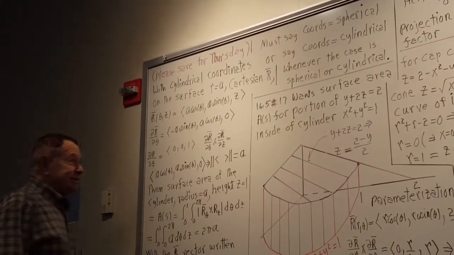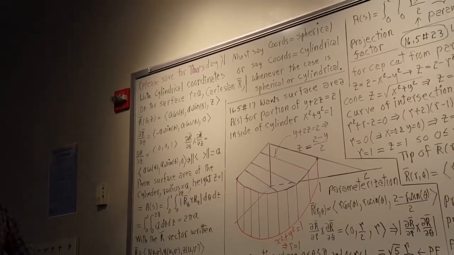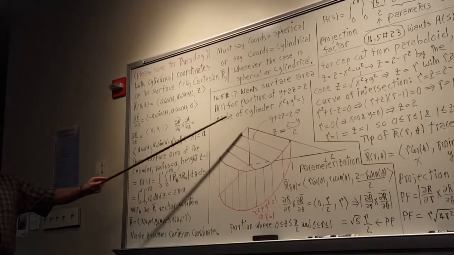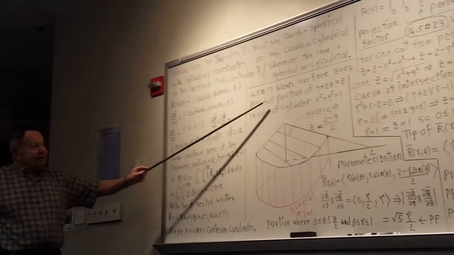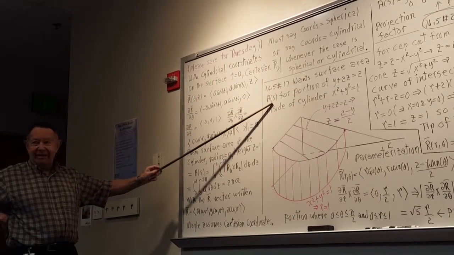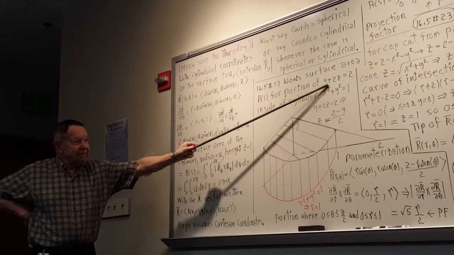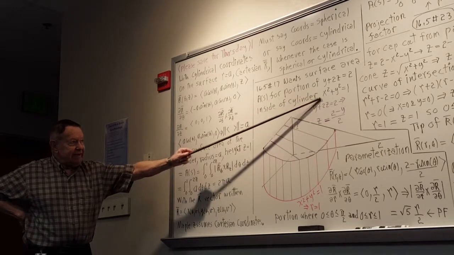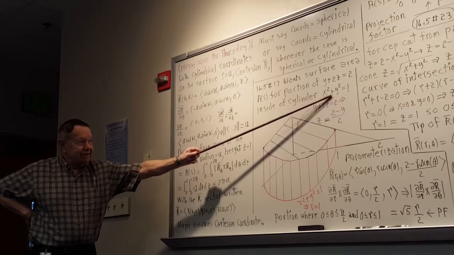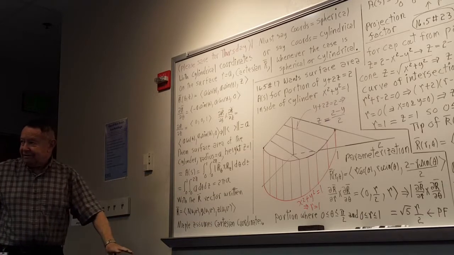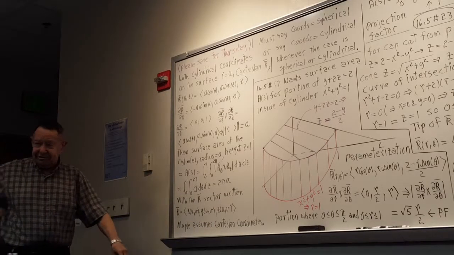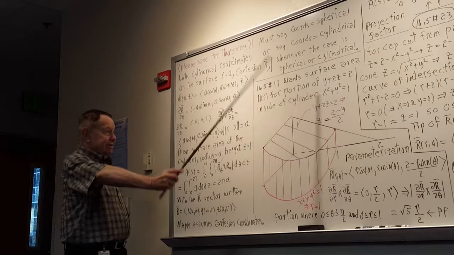So, problem 17, if you happen to have the book and look at it there, wants the surface area, which again I'm calling A of S, for the portion of the plane which is inside the cylinder, which has radius 1, and axis of symmetry is the z-axis of the cylinder.